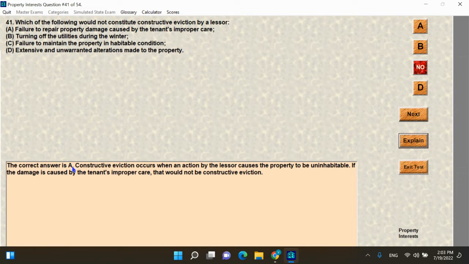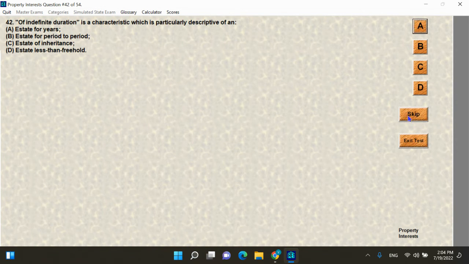The correct answer is A. Failure to repair property damage caused by the tenant's improper care. Constructive eviction occurs when an action by the lessor causes the property to be uninhabitable. If the damage is caused by the tenant's improper care, that would not be a constructive eviction.